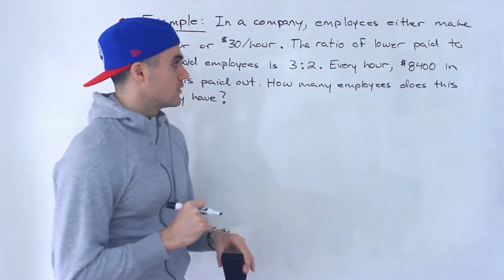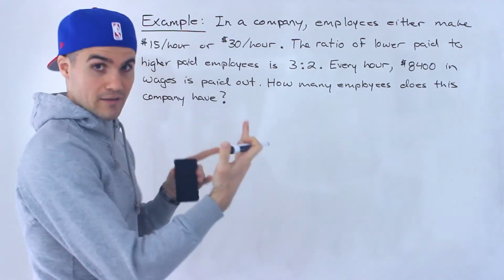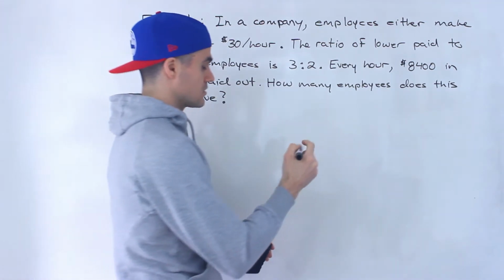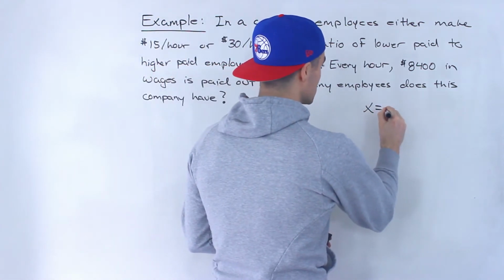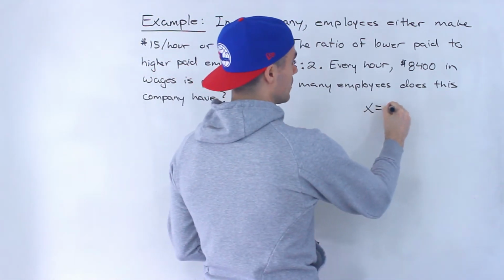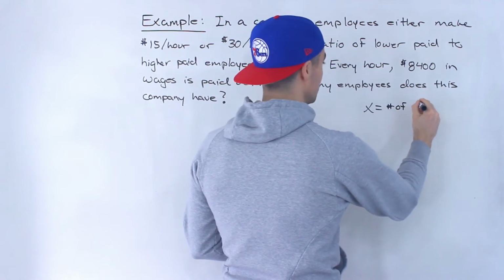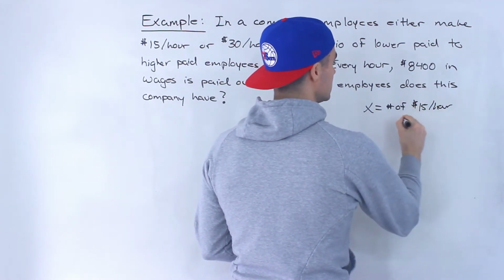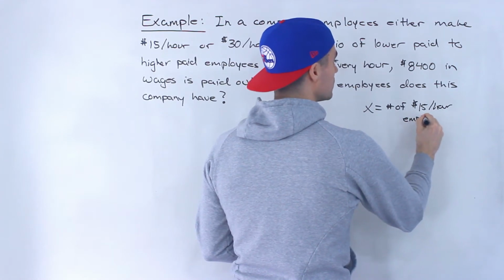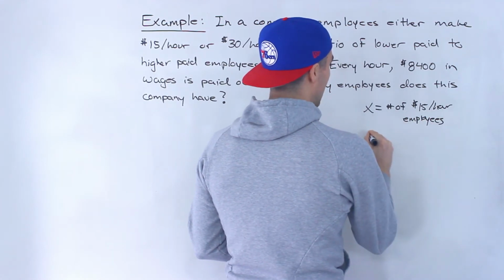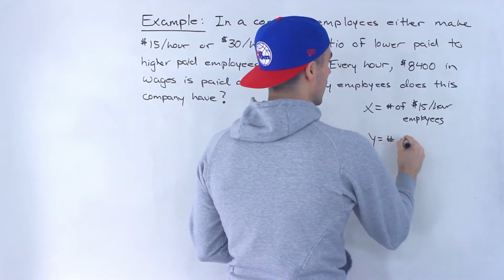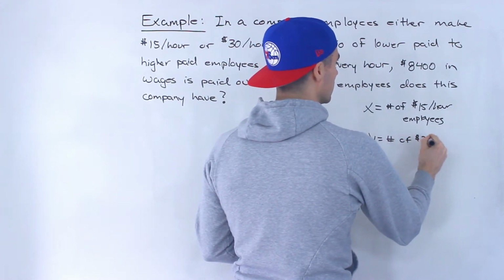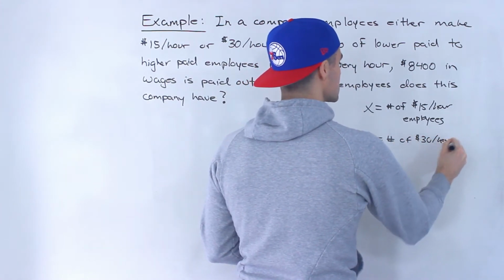So this is a linear systems word problem, so we're going to have to set up two equations. And so what I'm going to do, I'm going to introduce some variables here. I'm going to let x equal the number of $15 per hour employees, the number of employees making that wage, and then y would be the number of $30 an hour employees.